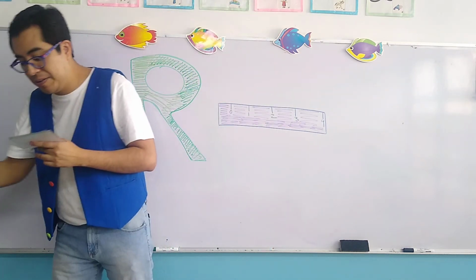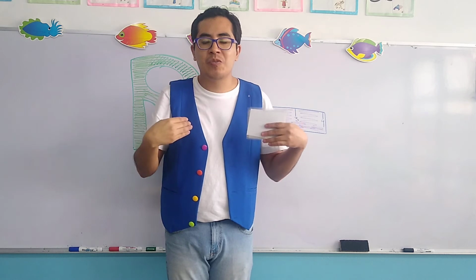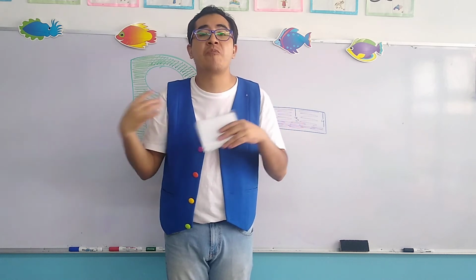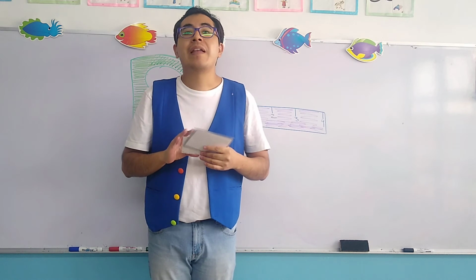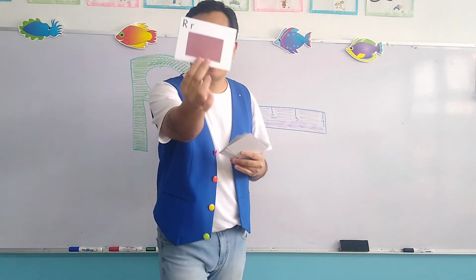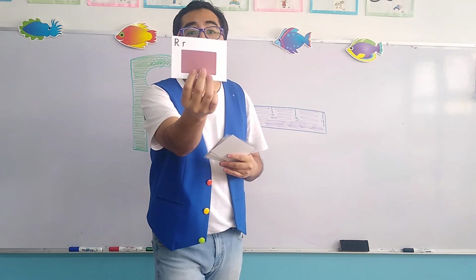Okay, very good. Now, let's see. This is very easy because this is one of the letters that we are practicing right now. The letter for rectangle, the letter for ruler, the letter for radio, letter R, which is a new letter, okay? As you can see here, we have a rectangle.